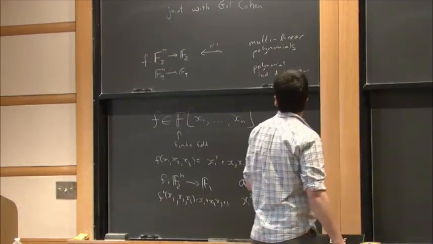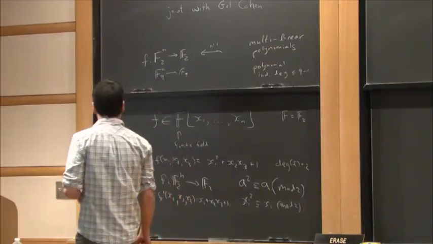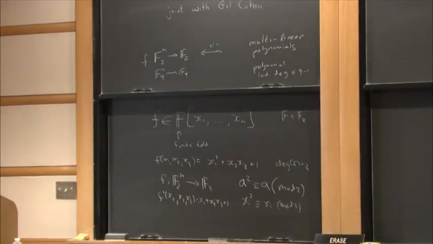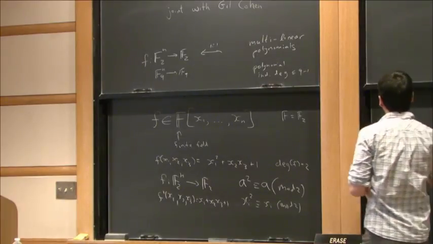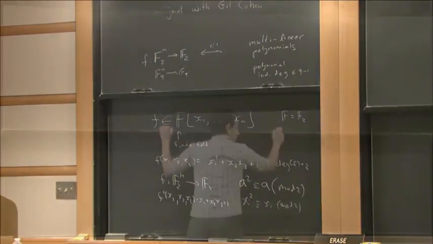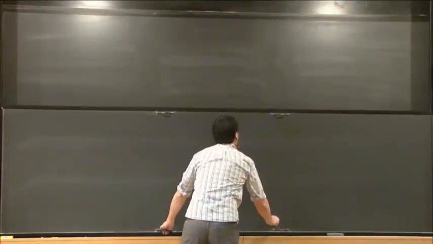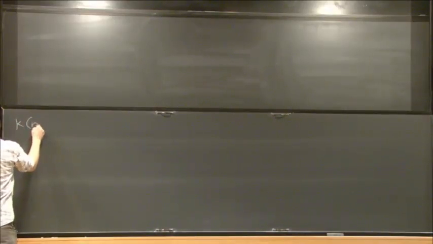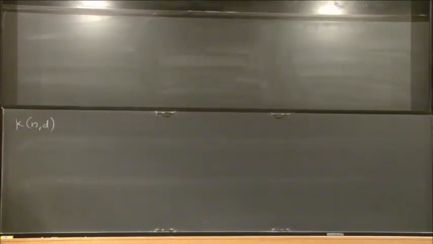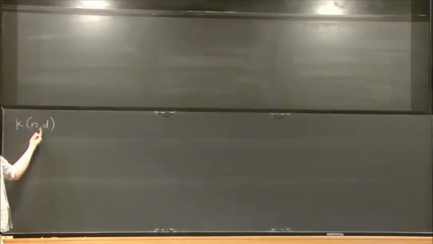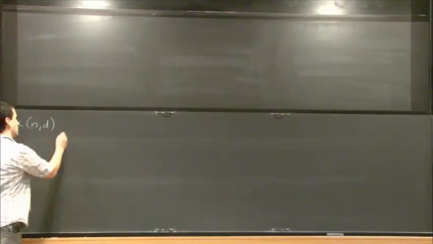Okay, so I define K(n,d). So this is a measure involving n and d. So n will be the number of variables, and d will be the degree.